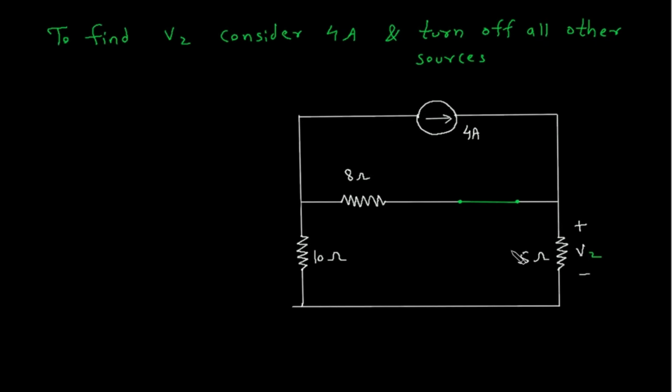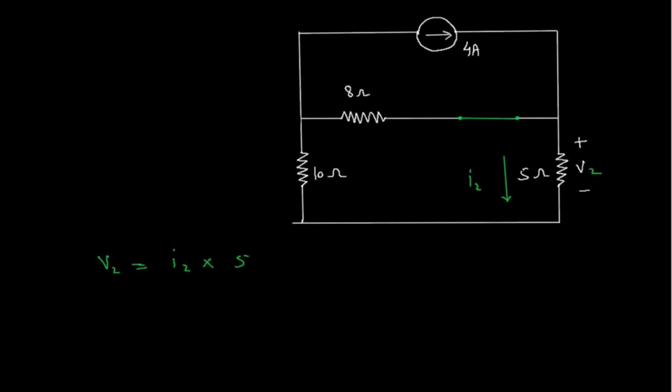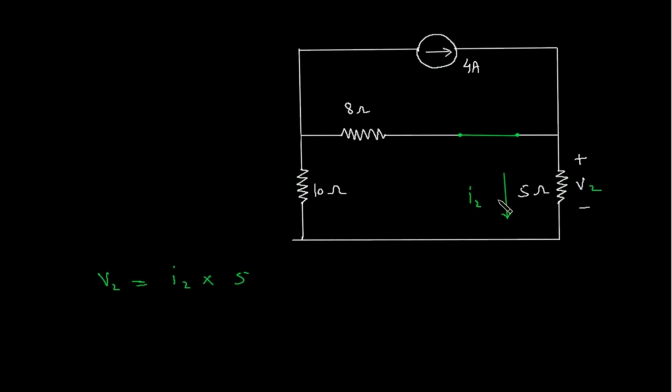So V2 is equal to, let's say this is current I2. So V2 is equal to I2 into 5 ohm. We have to find this current I2, so we will apply current division rule.